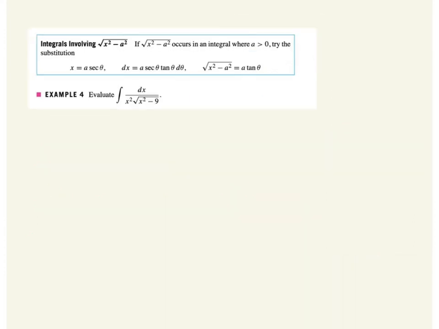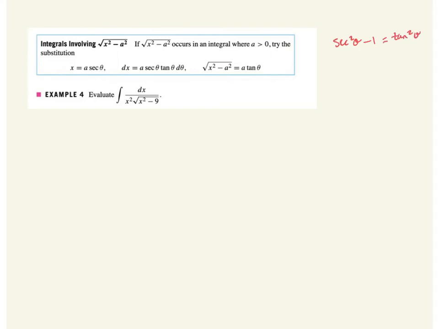Okay, we have 2 more examples here. Here I have an x squared minus an a squared format. For these examples, I am also using secant squared theta minus 1 equaling tan squared theta now.